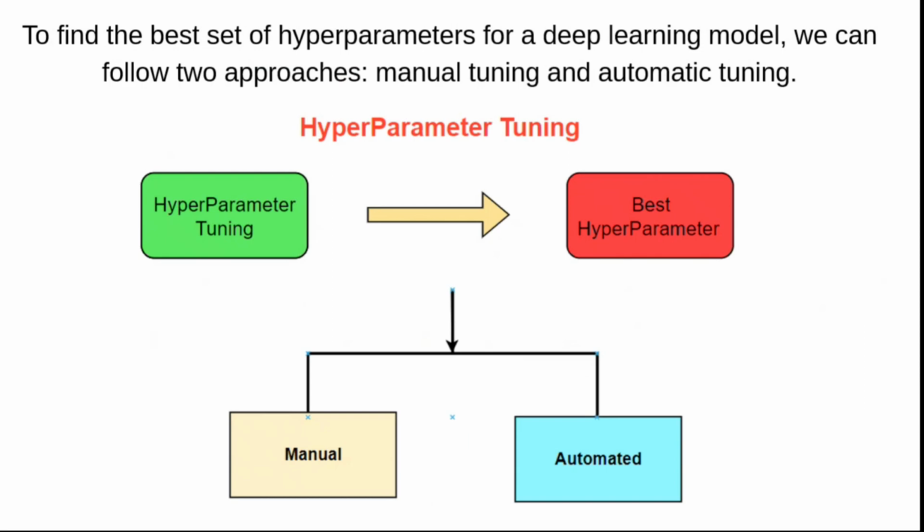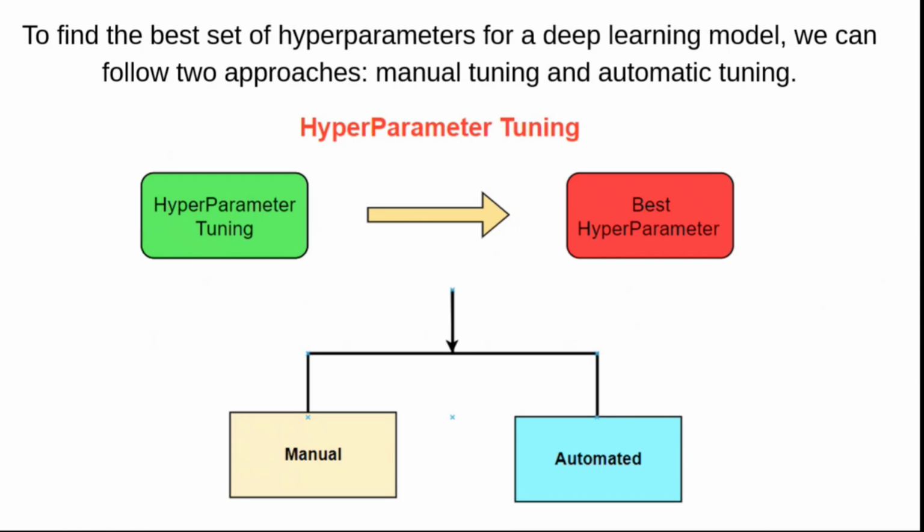And to find the best set of hyperparameters for a deep learning model, we can follow two approaches: manual tuning and automatic tuning. In manual tuning, we manually adjust the hyperparameters based on our domain knowledge and experience.